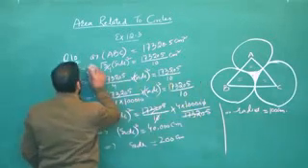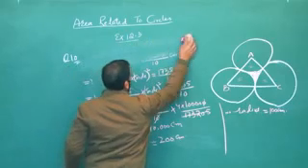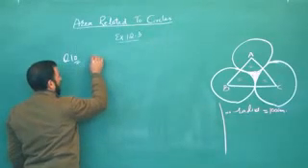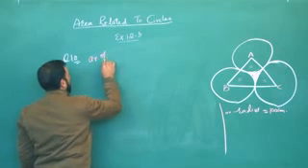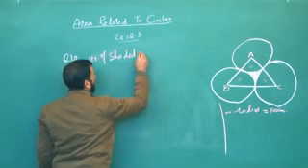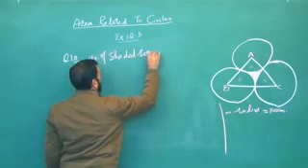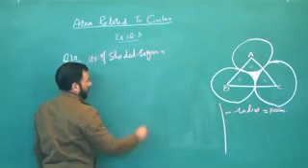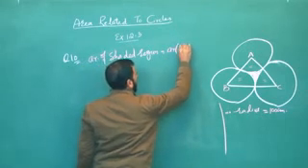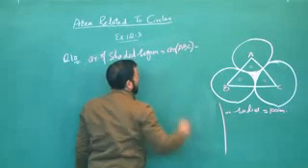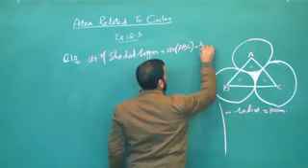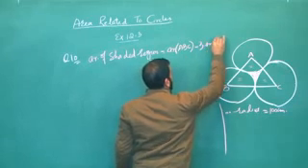So, for finding the area of sector, we can use the formula. Now, area of shaded region is equal to area of equilateral triangle ABC minus 3 times the area of a sector.